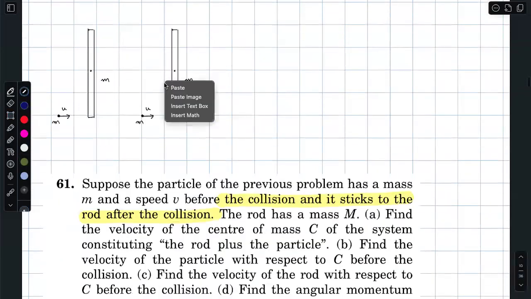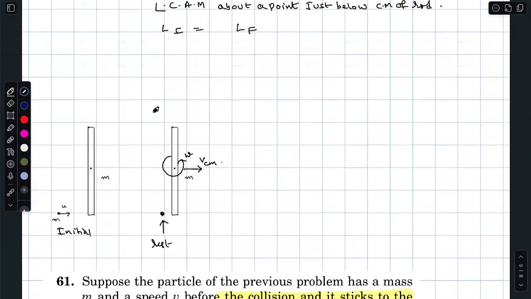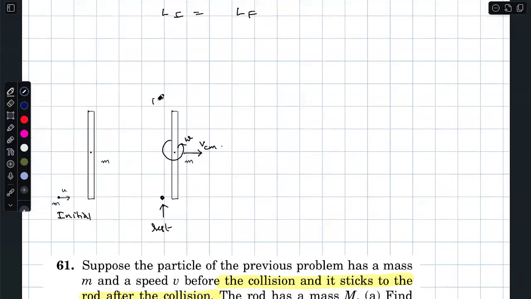Now try to please see that this is the initial situation. This is VCM. Remember, this is coming to rest. And this is how it rotates. Yes or no? Why? Because you have given impulse in this direction. About the center, the nature of the impulse is anticlockwise. Are we clear till this point? Remember, this is initial and this is the final situation.